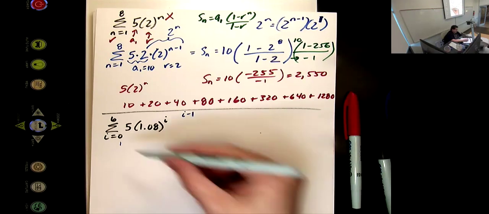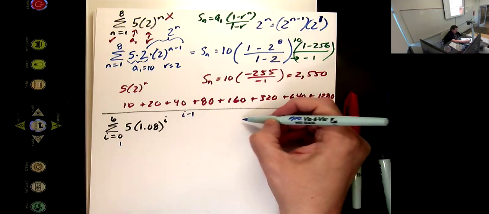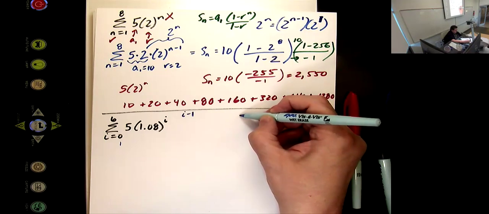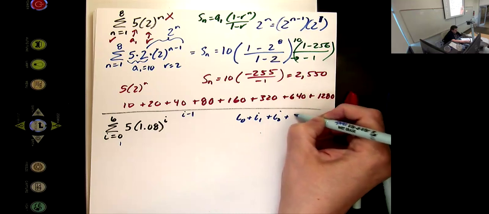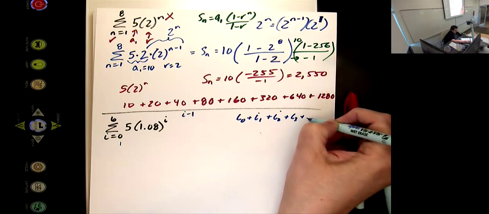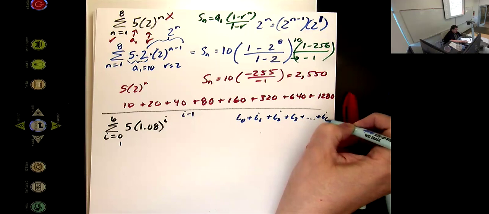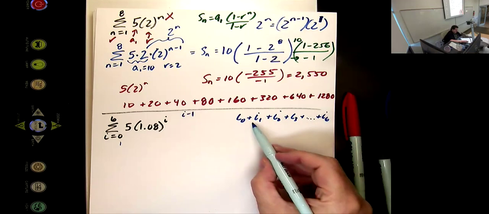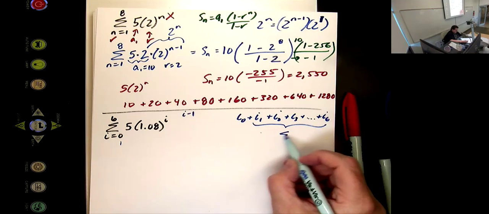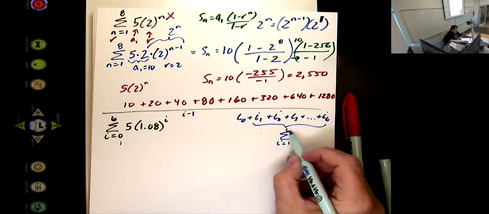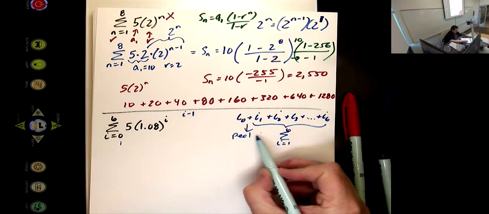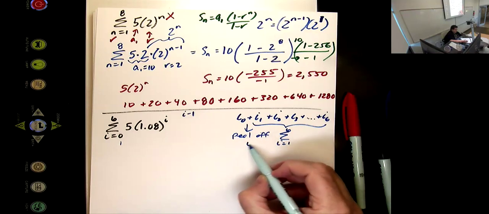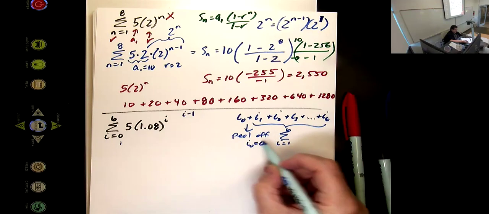All right, so if I were to write this, just freehanding it, I could do i0 plus i1 plus i2 plus i3 up to i6. This is the i equals 1 to 6 part, which means we need to peel off i sub 0, or i equals 0.